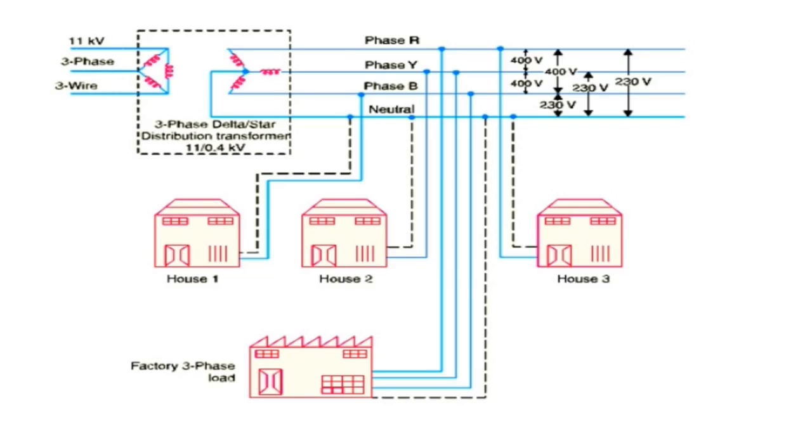Basically this is what we consume every day. A normal house consumes any one phase wire and a neutral wire. You can see in this picture that house 1, house 2 and house 3 have taken one phase and one neutral from the incoming line.